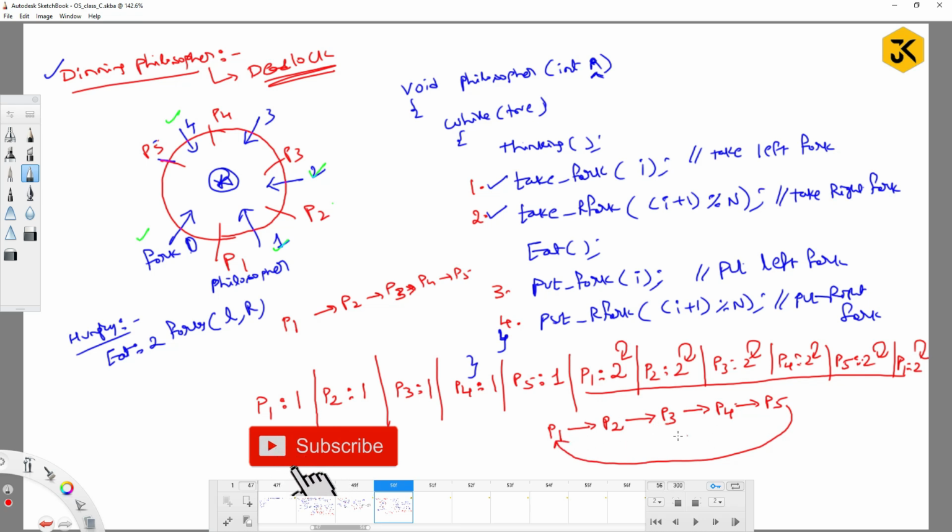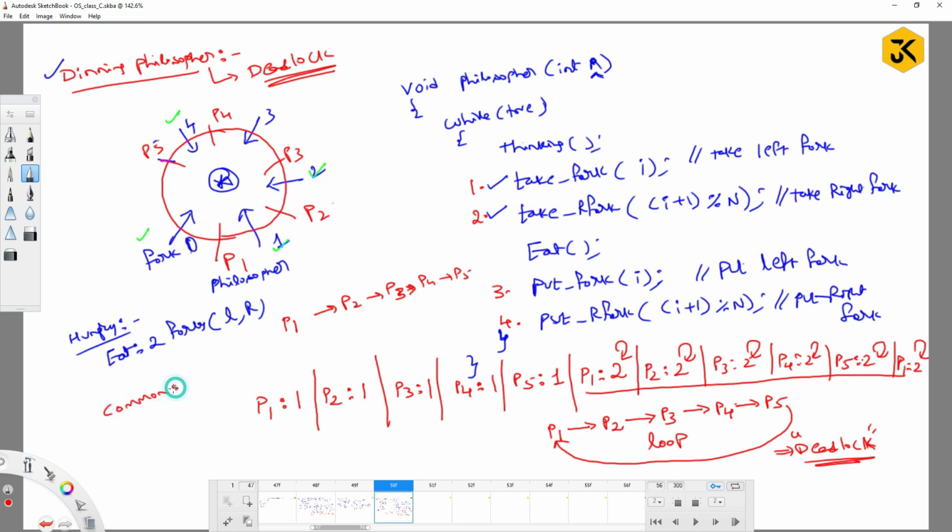This loop we can call deadlock. Again here the problem is because of synchronization, right? So there will be a problem. That problem we call the deadlock problem. This arises because of synchronization, again because of common shared data. We got this problem.